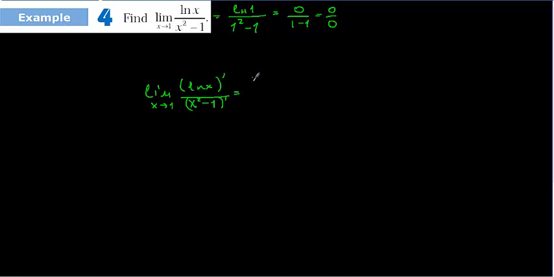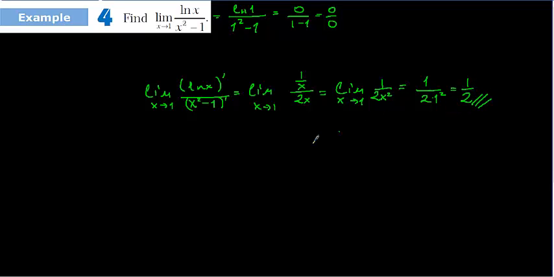It should be written limit x tends to 1 of (1 over x) over 2x, and that's equal to limit x tends to 1 of 1 over 2x squared. And here, when you apply the value 1, we don't have any undefined problem or indeterminate form. That's why I directly apply it, and that's equal to 1 over 2 times 1 squared, which is 1 over 2.